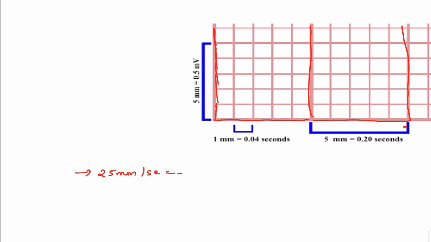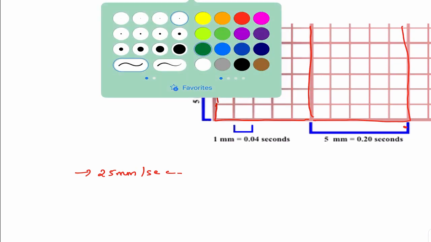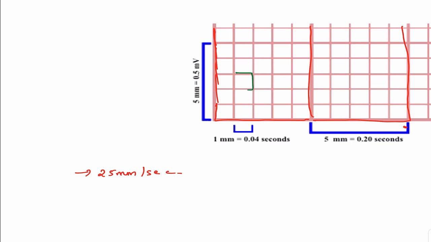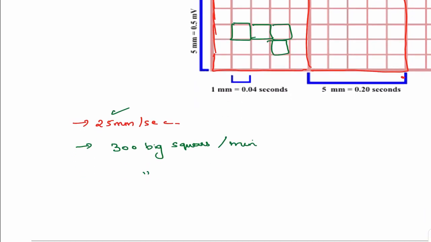It also has small squares. When we consider the speed of the paper in 1 minute, we said 25 millimeters per second, or if you consider the big squares, it is 300 big squares per minute, or 300 big squares per 60 seconds. What does it mean?